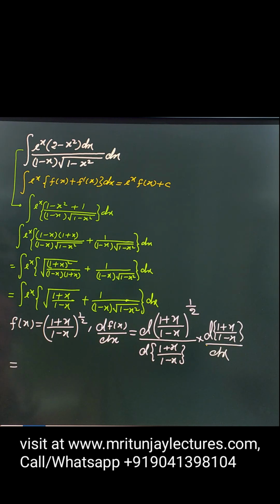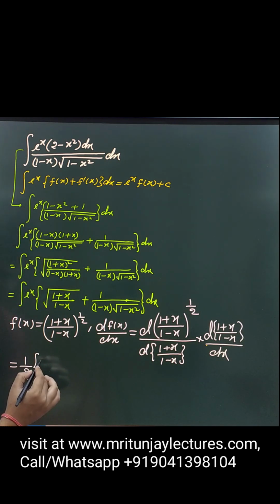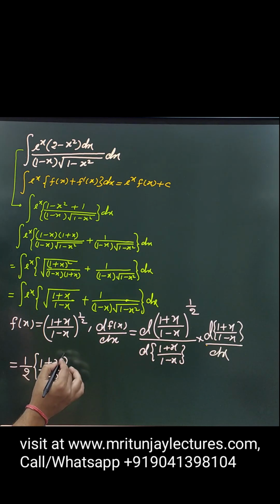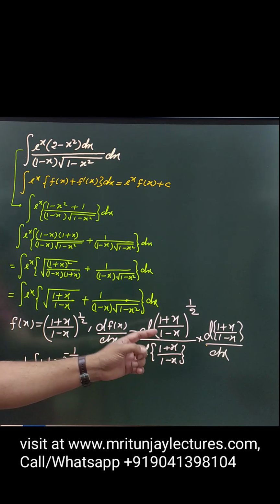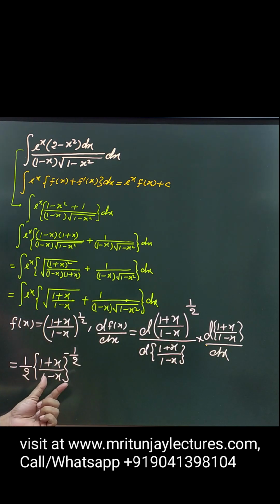Then simply 1 by 2 into (1 plus x upon 1 minus x) to the whole power minus half. Differentiation of x to the power n is n into x to the power n minus 1, so that's why it is written like that.